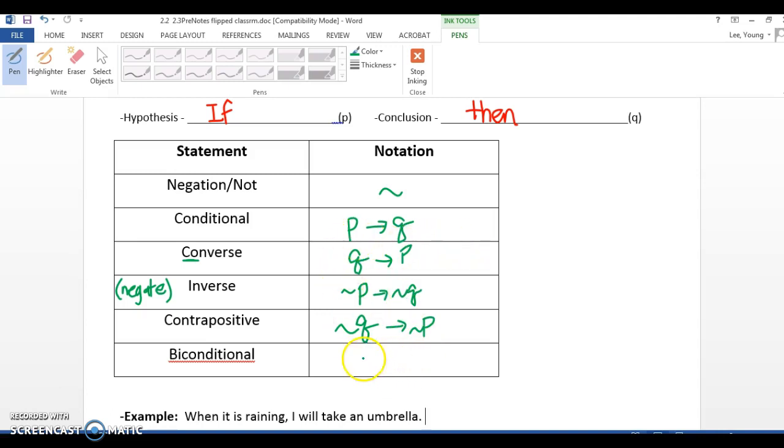So it goes both ways: P then Q, but then Q then P. We call that if and only if. We can use a biconditional statement when the conditional statement and its converse are both true.